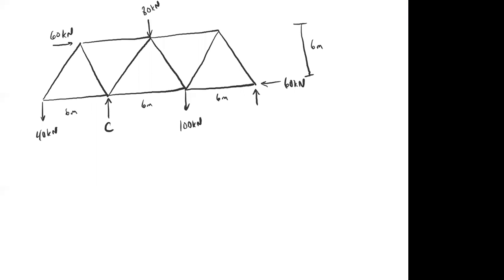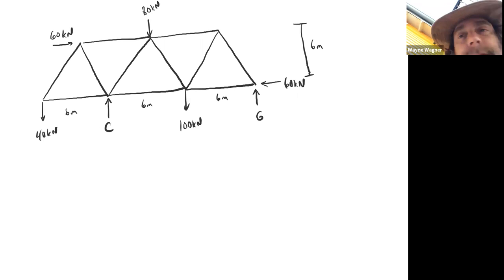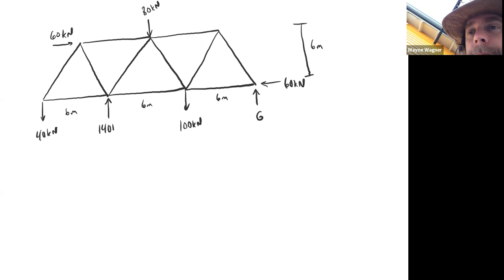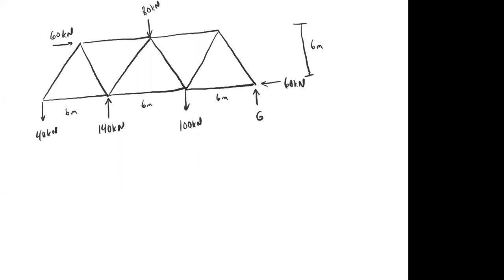This is C. This is G. B was 60. So what is C and what is G? C is 140. Okay, oh, I get what you're trying to say. Yeah, it's 40, 60, and 66 right here.